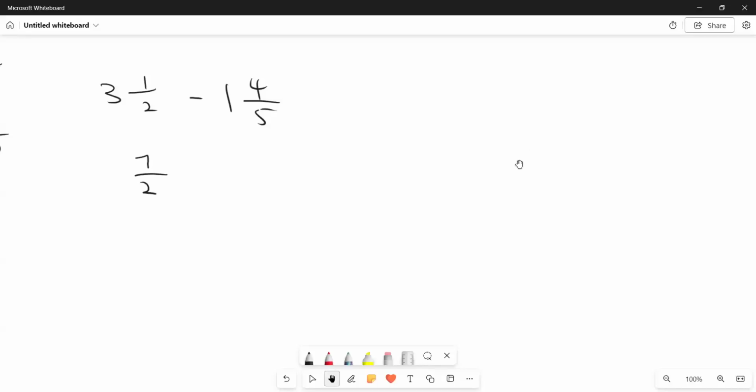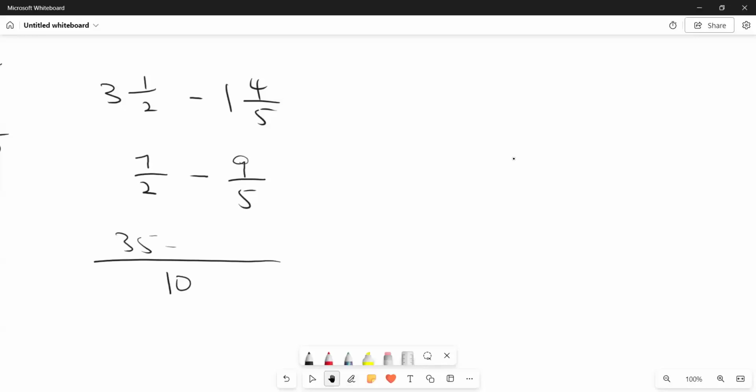So one approach is to change everything to improper fractions. This 3.5 will become 7 over 2, and the 1 4/5 will become 9 over 5, and you will proceed like normal. LCM is 10. 2 into 10 is 5, 5 times 7 is 35.